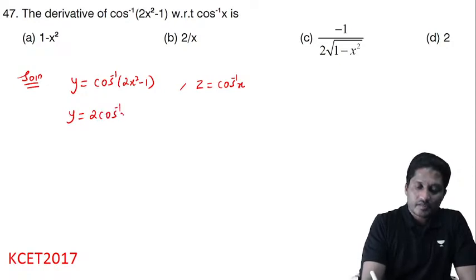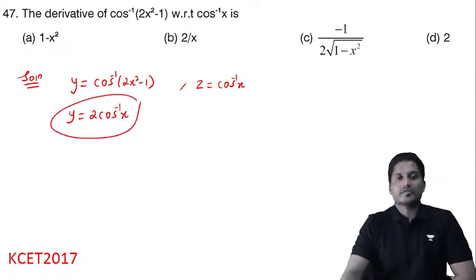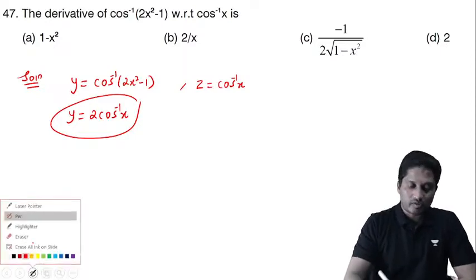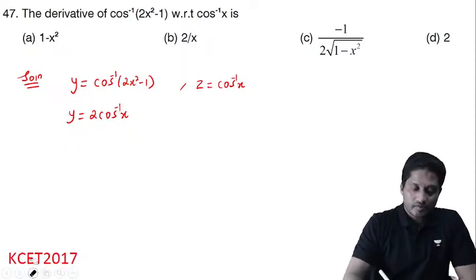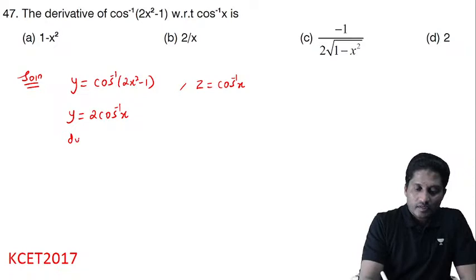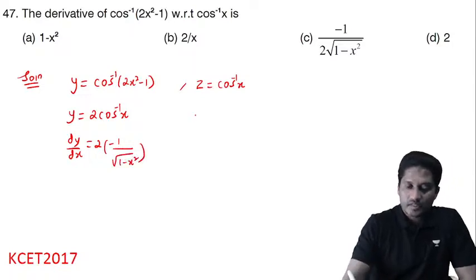If I differentiate, dy by dx is equal to 2 times the differentiation of cos inverse of x, which is minus 1 by root of 1 minus x square. So dz by dx is equal to minus 1 by root of 1 minus x square.